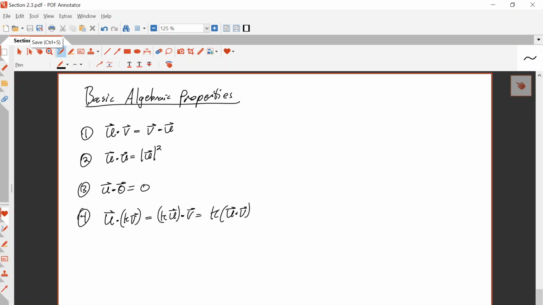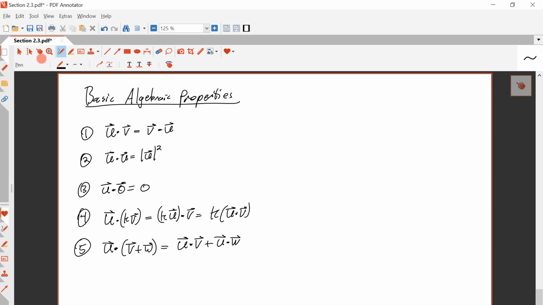Okay, so just some more. Another one, this one's interesting: u dot v plus w. All right, you do have distribution. It's u dot v plus u dot w.